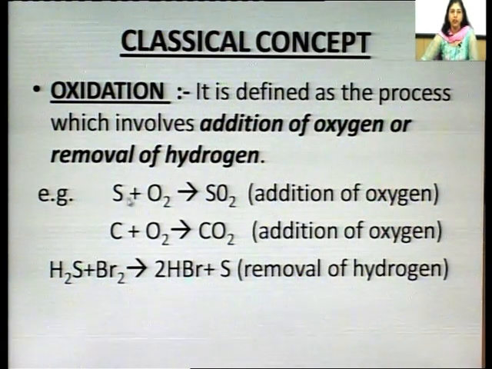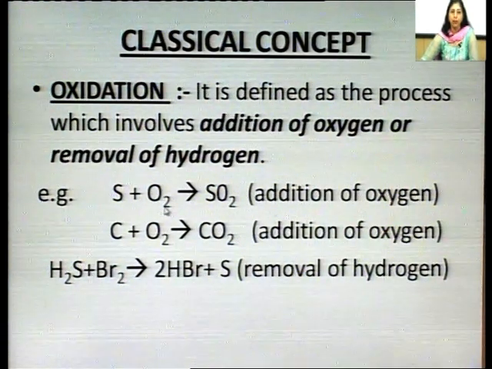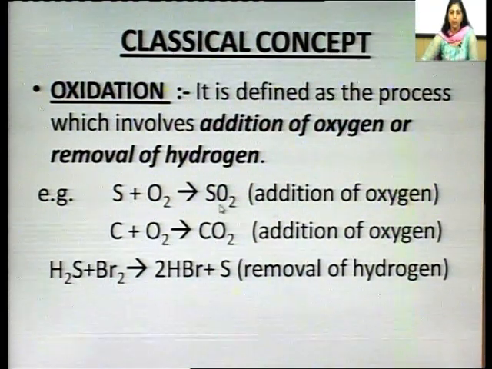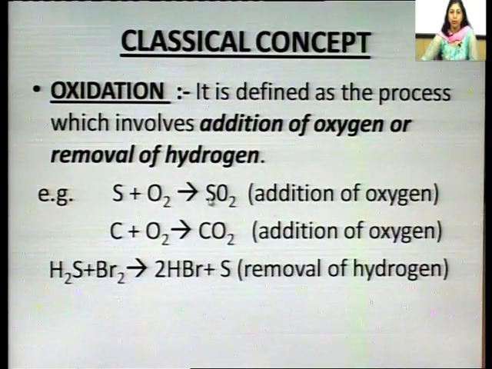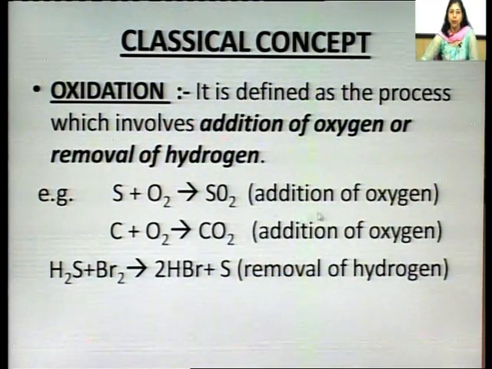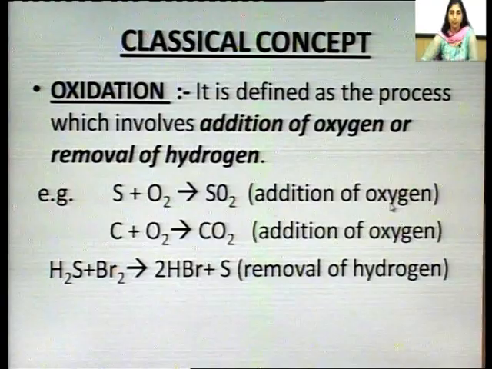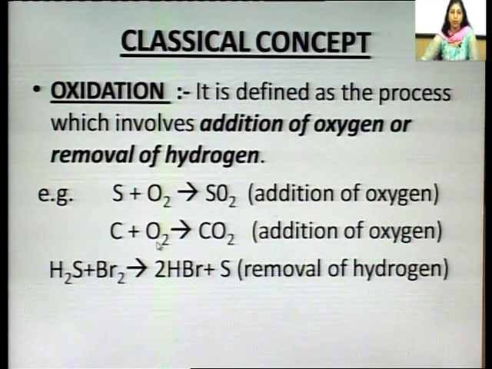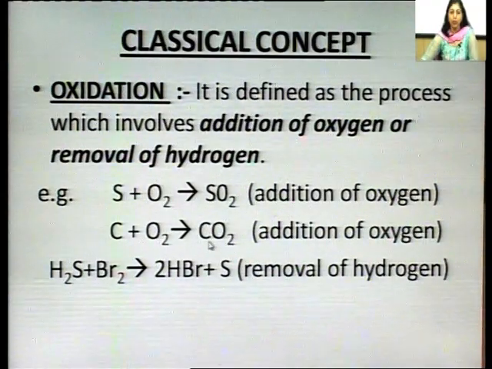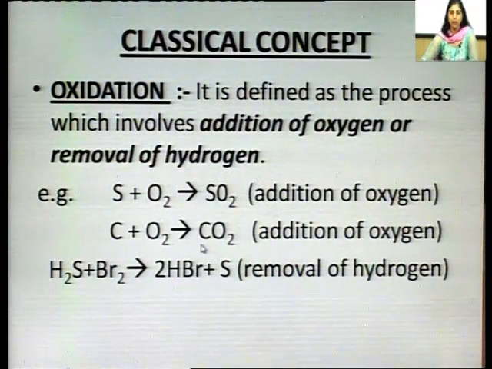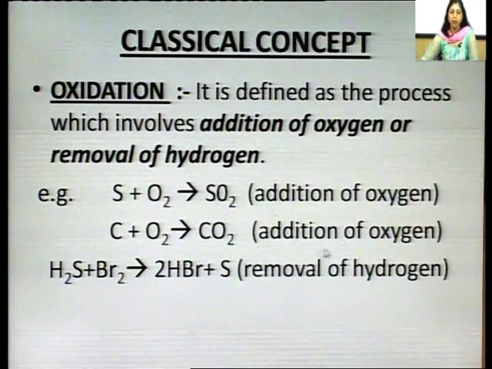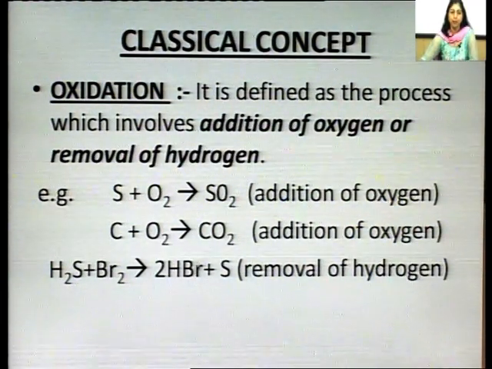For example, when sulfur reacts with oxygen, it forms SO2. This example clearly shows the addition of oxygen. Similarly, when carbon reacts with oxygen, it forms carbon dioxide, that is CO2. Again, it is an example of addition of oxygen.